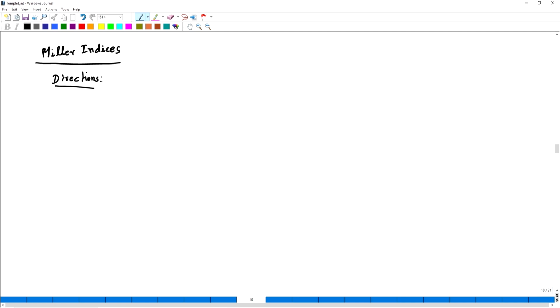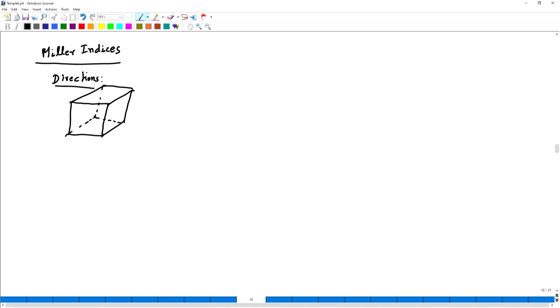Let us consider an arbitrary unit cell. So, this is my unit cell, and let us take a specific direction here.